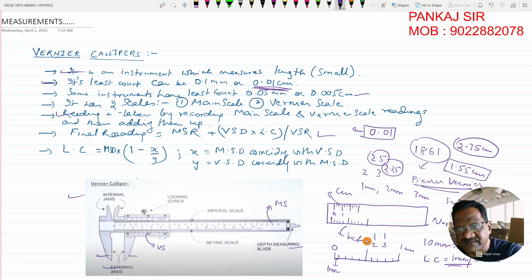Is that clear? Now let us try to understand how to find out the least count of a vernier caliper.